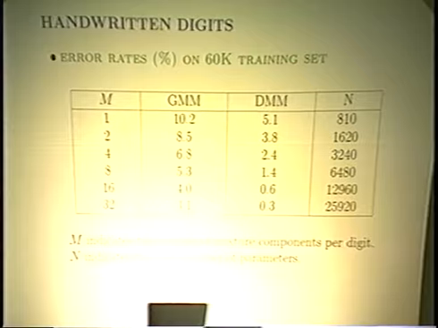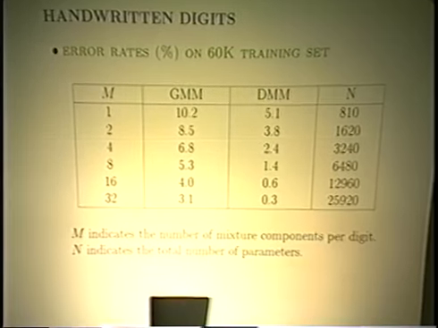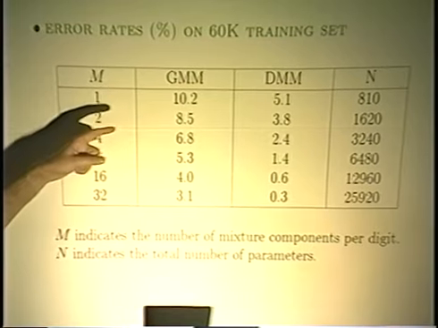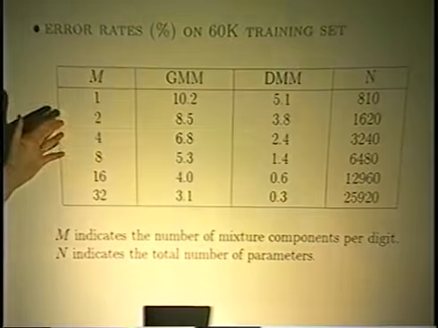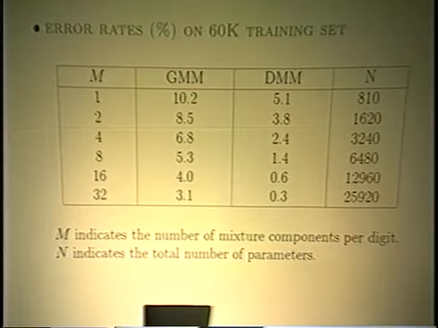It's all in the basis functions. So you can ignore the last two digits if you want. In the first case there's just one mixture component per digit, so that's not really a trainable parameter. It's just a sanity check.